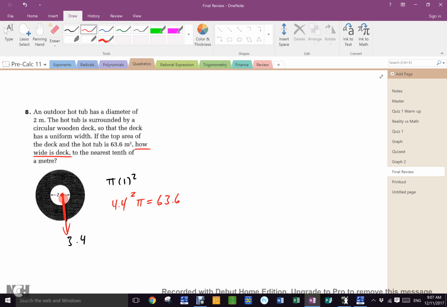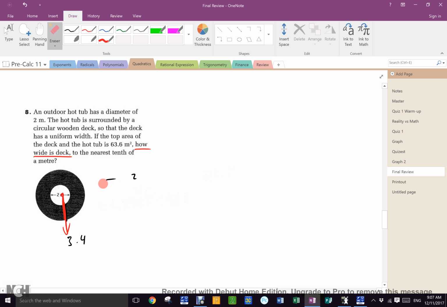Then you've got to take out that 1 meter. So the deck is really 2.5. So if you did all that work and it was out of 4, what do you think I'd give you? But it's out of 4. What do you think I'd give you? I'd give you 3 out of 4. You only forgot to take out the 1.